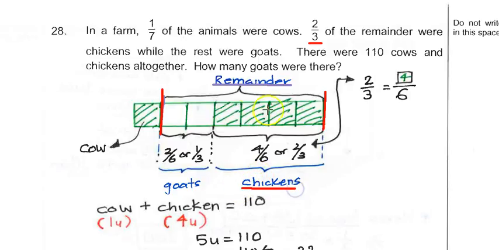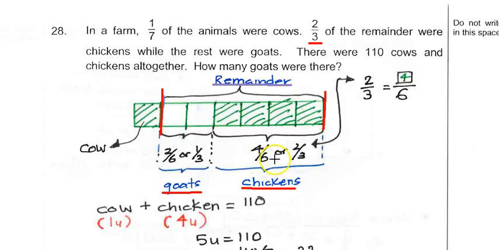Got it? While the rest were goats. It means 2/6 or 1/3 were goats. Understand this part first. 1 out of 7, and the remainder means 6 units.